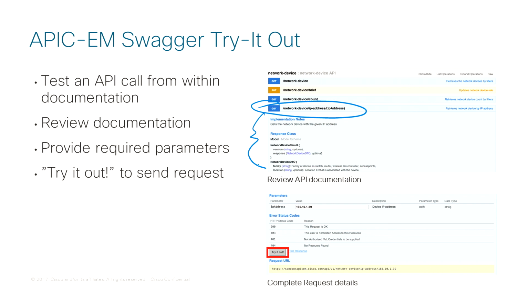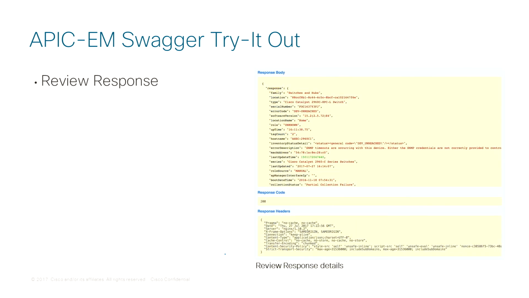Once I've reviewed all of that documentation, it gives me the ability to try it out directly. Simply by clicking on this button, it will send an API request off to the APIC-EM to give us the information. After clicking try it out, we'll be presented with the actual response that's there and all of the details we would be interested in as a developer trying to understand these APIs.